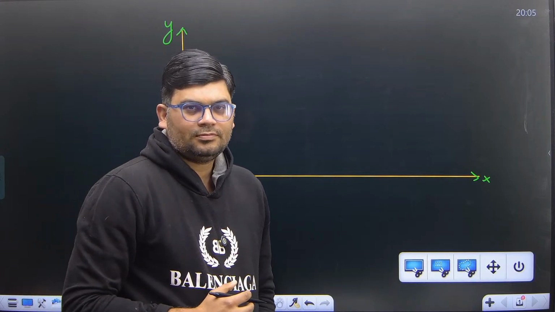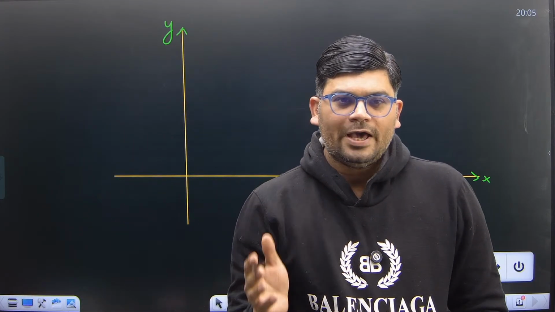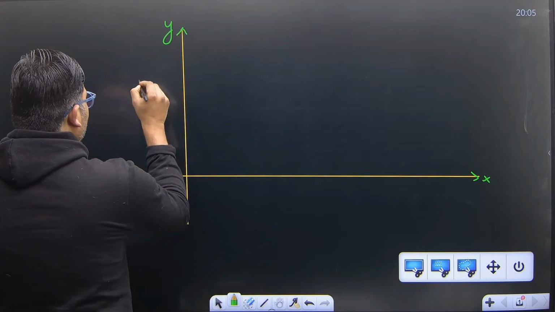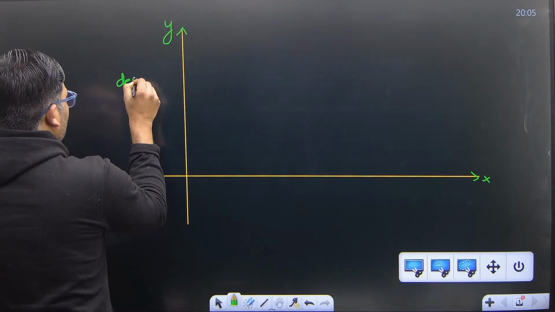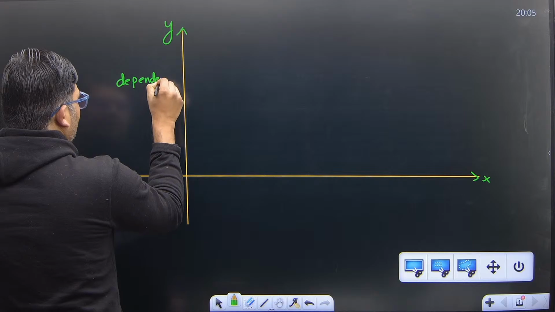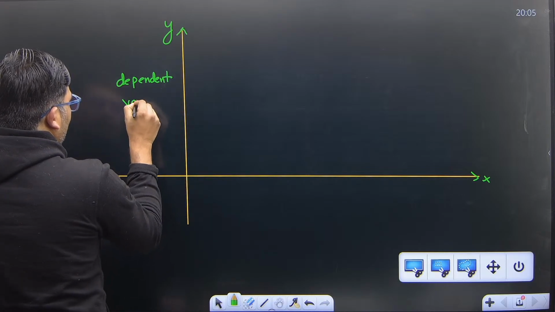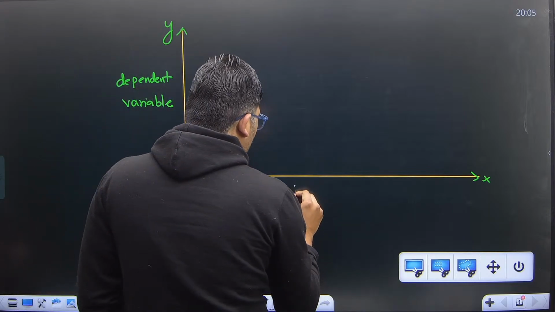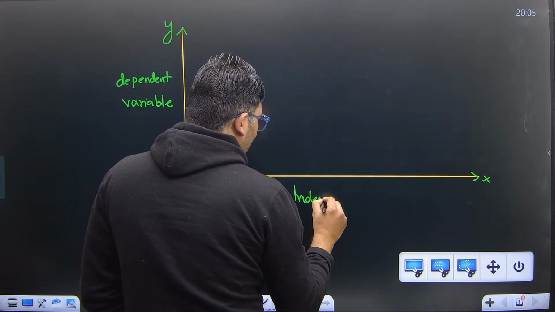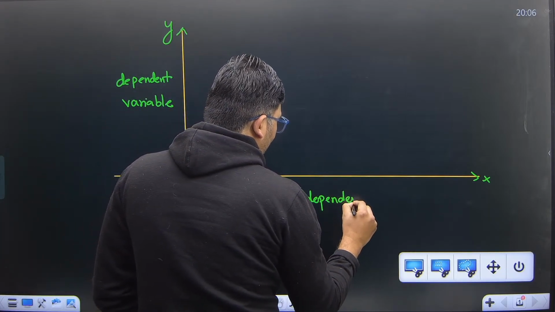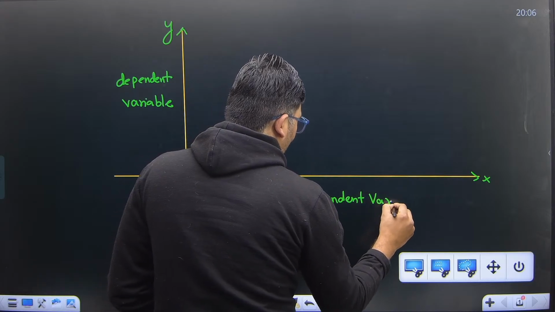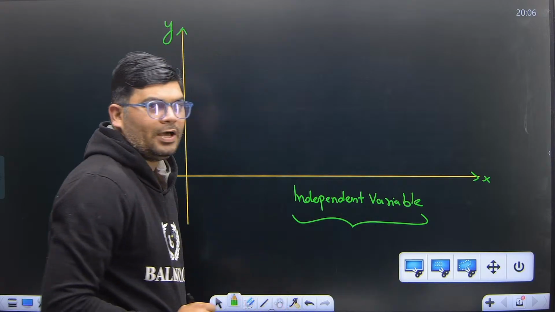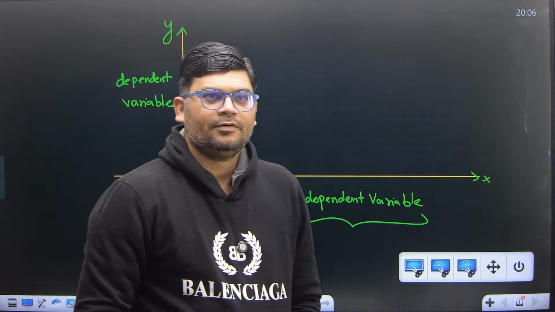Any rule that we define for y as compared to x, anything that we show on the y-axis is known as the dependent variable. On the x-axis it is known as the independent variable. X is known as the independent variable, y is known as the dependent variable.